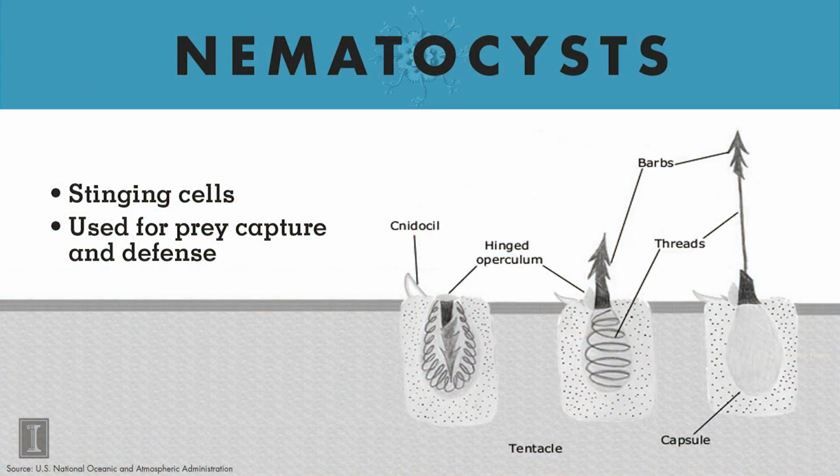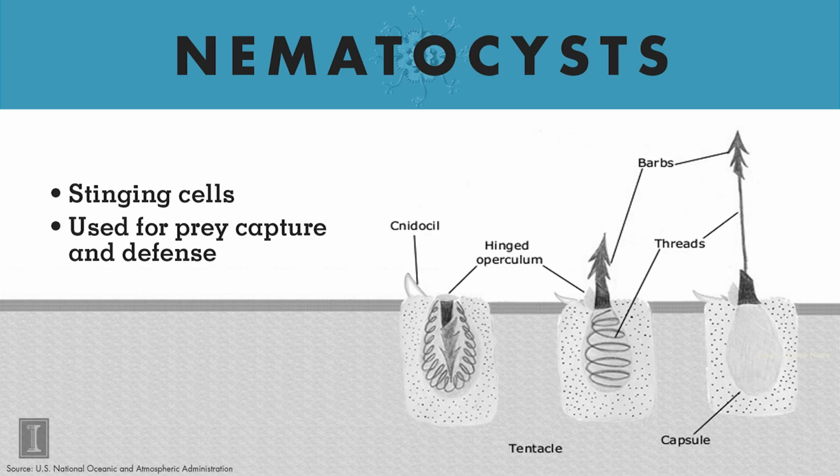If that outer tissue gets brushed by something, let's say a fish that they want to prey on, then those cells actually explode and release a harpoon. There's a beautifully crafted harpoon right in the middle of the cell. It comes shooting out of the cell and the harpoon has prongs on it, so when it goes into whatever it penetrates, it sticks and you can't pull it out.